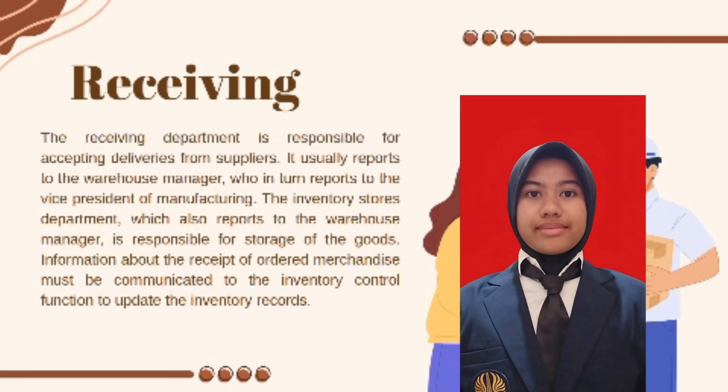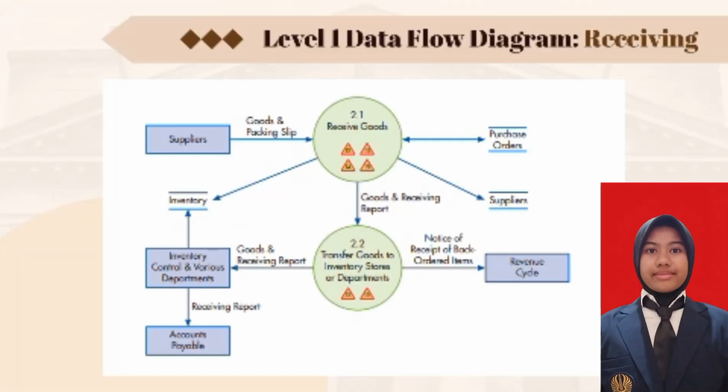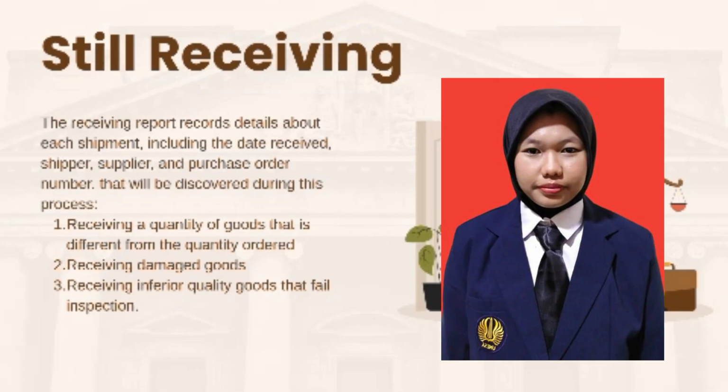Information about the receipt of ordered merchandise must be communicated to the inventory control function to update the inventory records. And this is the level 1 data flow diagram for receiving. The receiving report records details about each shipment, including the date received, shipper, supplier, and purchase order number that will be discovered during this process.